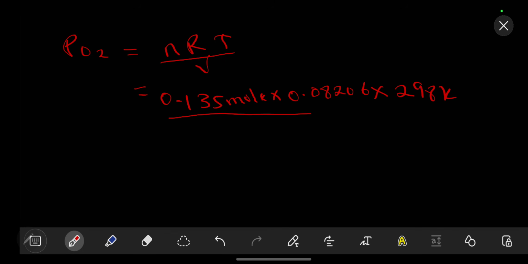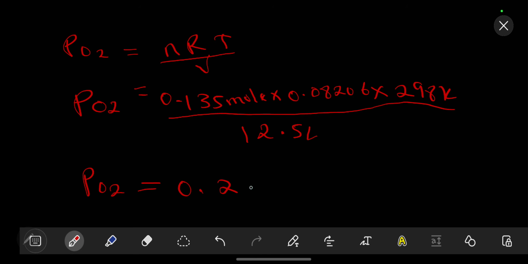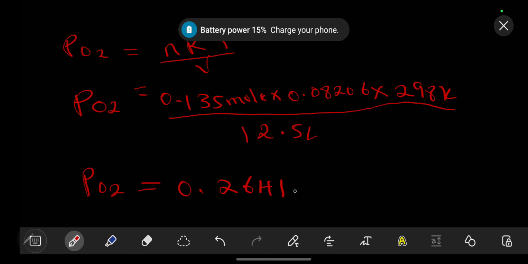We are going to divide this by the same volume, assuming this time the oxygen occupies the whole volume according to Dalton's law of partial pressure. So the partial pressure of oxygen is equal to 0.2641 atmospheres.